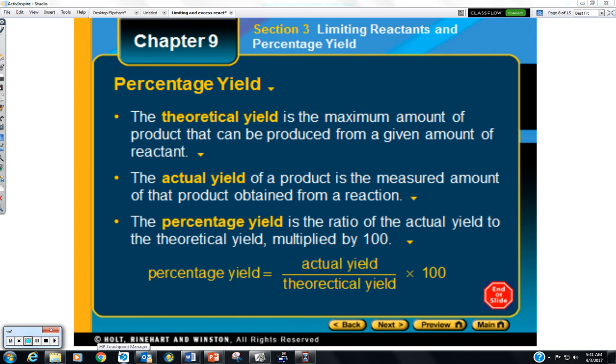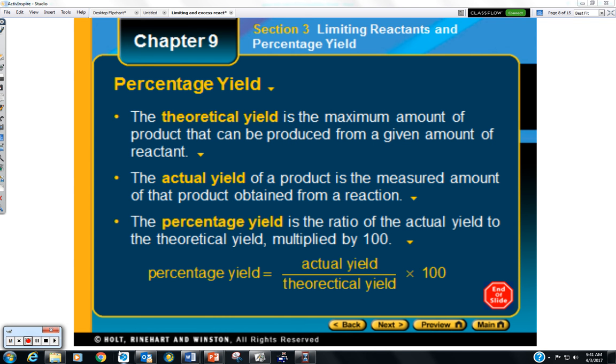When we are solving any stoichiometric problem, we are determining what's called the theoretical yield.